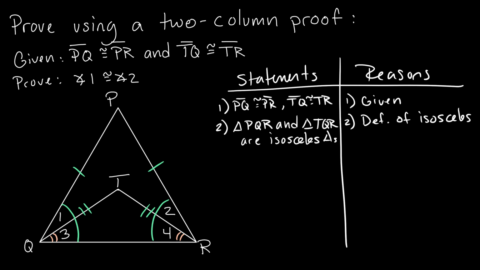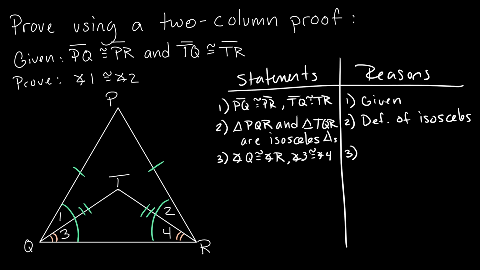And then what did we say? What did we mark congruent next? Yes, we marked angle Q congruent to angle R, and also what else? Angle 3 to angle 4.